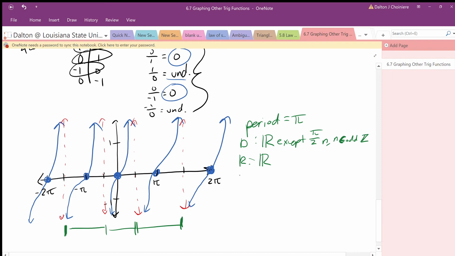The x-intercepts, there are multiple of them. In fact, there are an infinite amount of x-intercepts that we cannot name them all, so I need to represent them. Notice this crosses the x-axis at all of the whole pi's. So I can say our x-intercepts occur at pi n, when n is an element of the integers. And the y-intercept, I'm sorry, I should have labeled that as an intercept. It crosses the y-axis at 0.